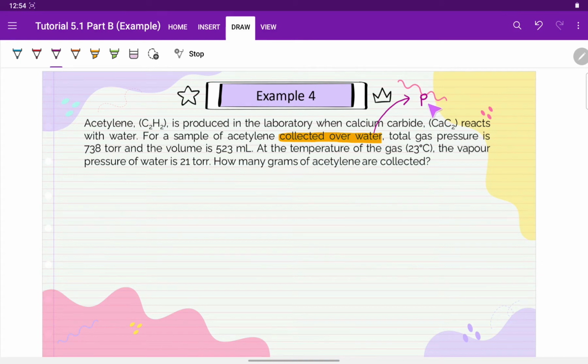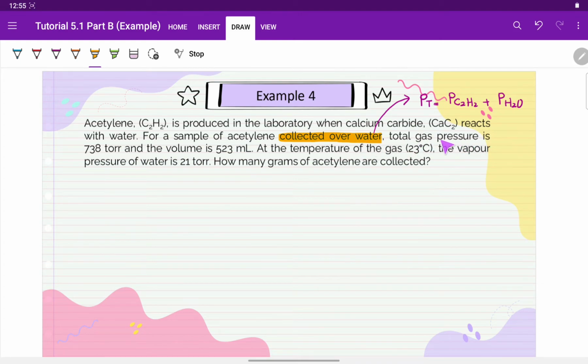Okay, so collecting gas over water, P total, kalau secara generalnya, P gas tambah P water. Okay, so gas kita dekat sini tadi adalah C2H2, so akan ada partial pressure of acetylene tambah partial pressure of water vapor, H2O dekat sini. P, H2O. Okay, baru kita sambung balik.